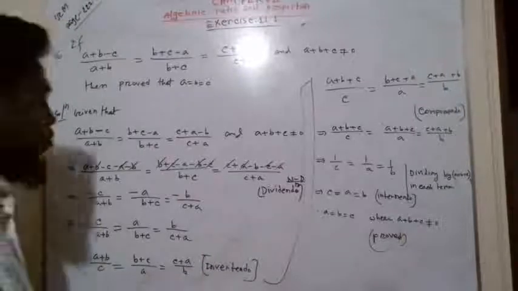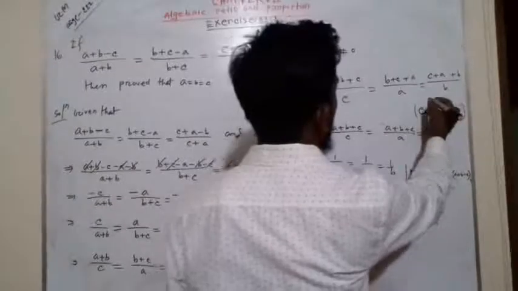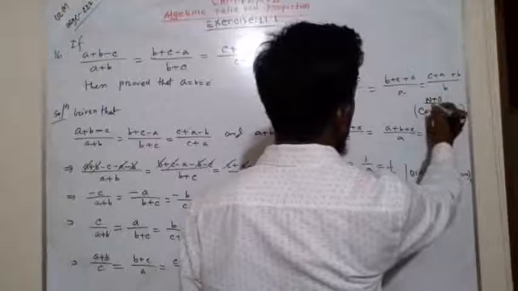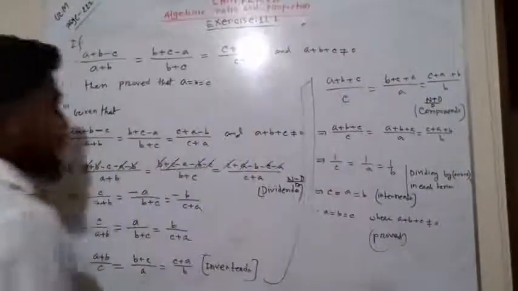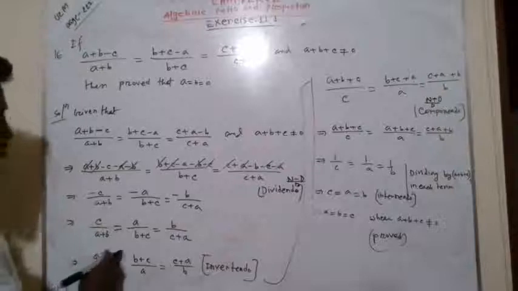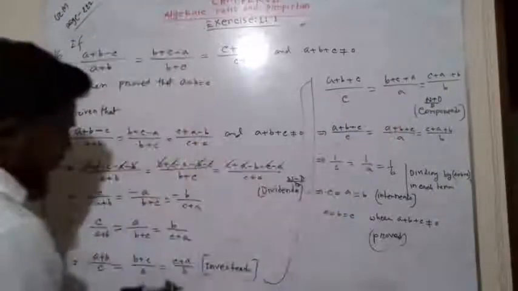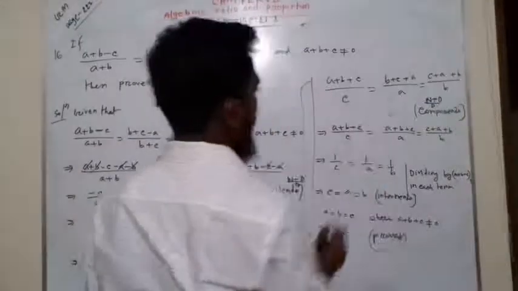Now we apply the rule of componendo: numerator plus denominator divided by denominator. So (a + b + c)/c, (a + b + c)/a, and (a + b + c)/b.